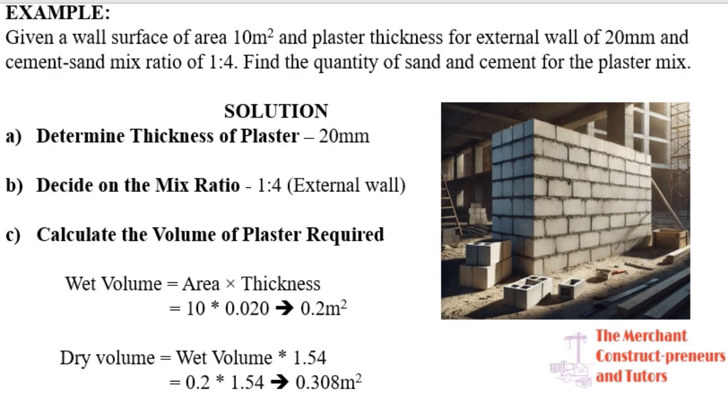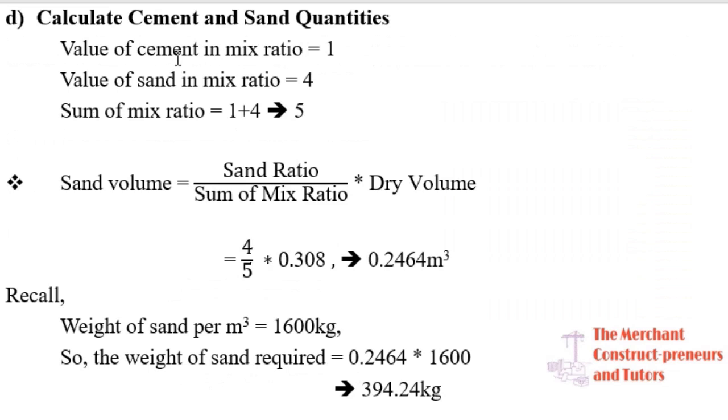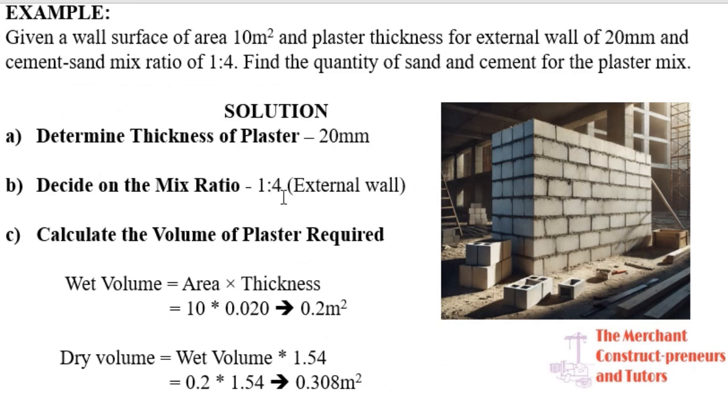So the next thing is to calculate the cement and sand quantities, right? Now the value of cement in the mix ratio is 1. The value of sand in the mix ratio is 4, because from our question we said it is 1:4. So cement to sand, cement has 1 in the ratio, 4 represents sand in the ratio, just as we have here, cement sand ratio.